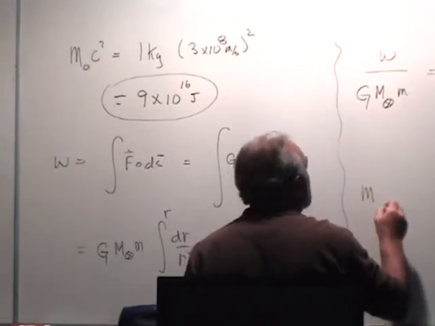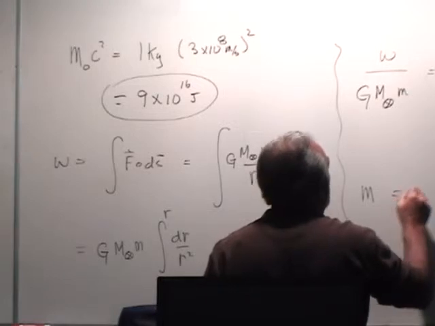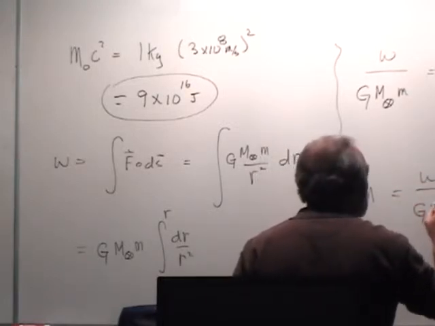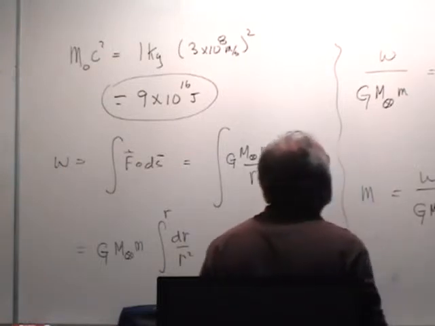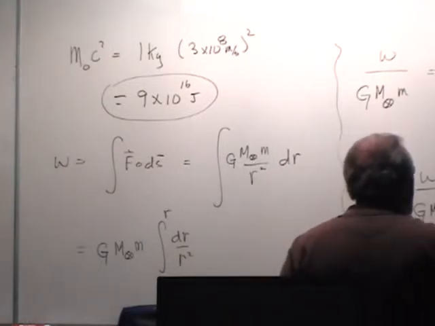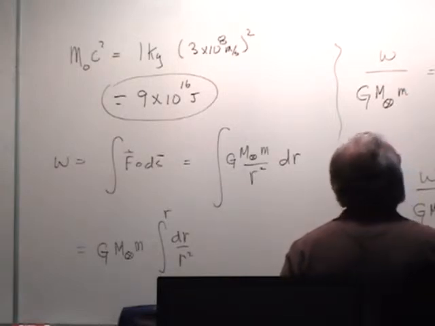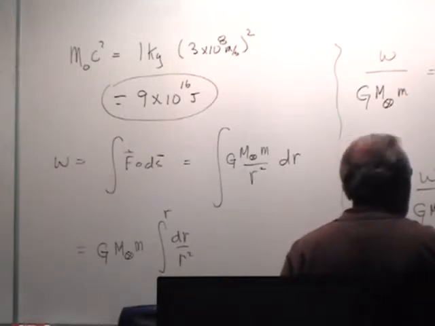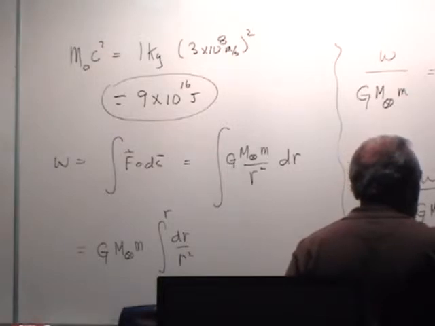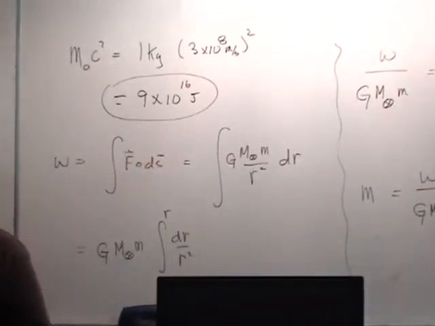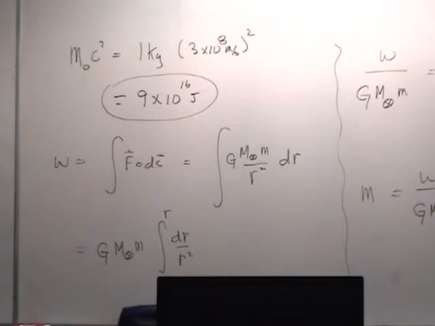So the unknown mass that we are lifting is equal to the work that we do divided by the universal gravitational constant, the mass of the Earth, and the integral from 0 to the radius of the moon's orbit of dr over R squared, which of course is simple. So we've got everything we need, except, of course, putting in the numbers with the correct units.